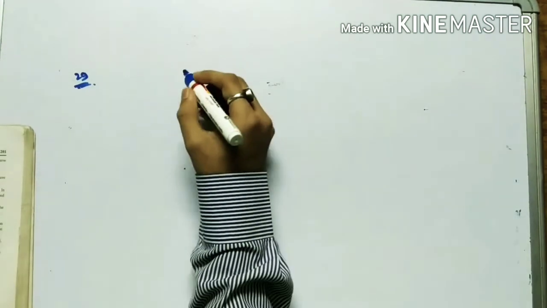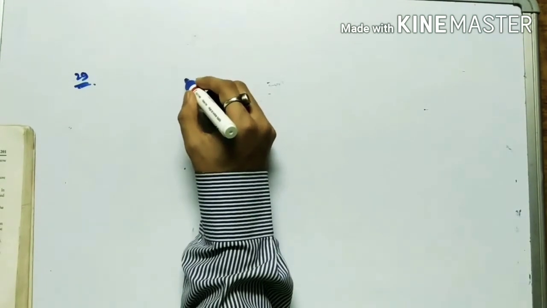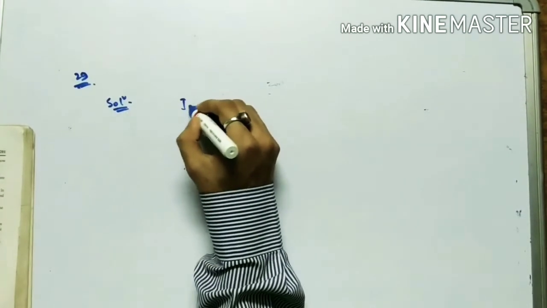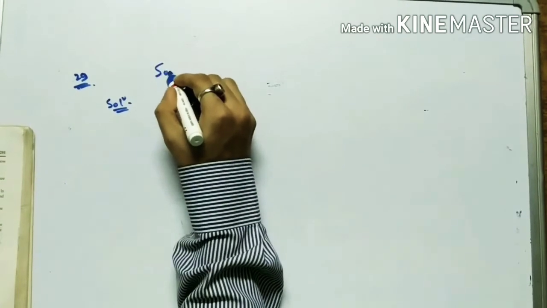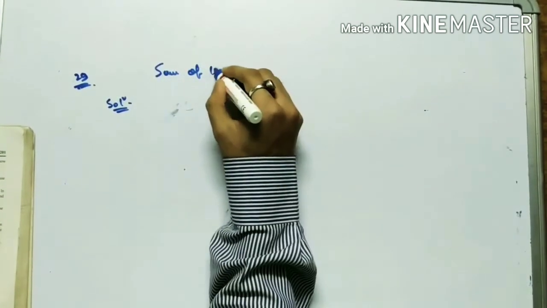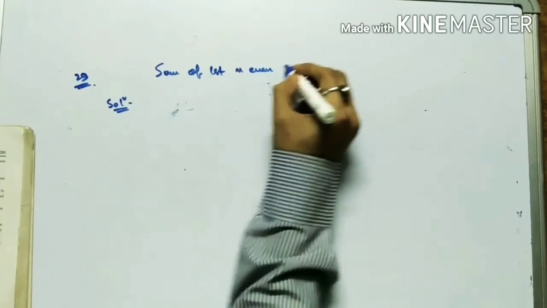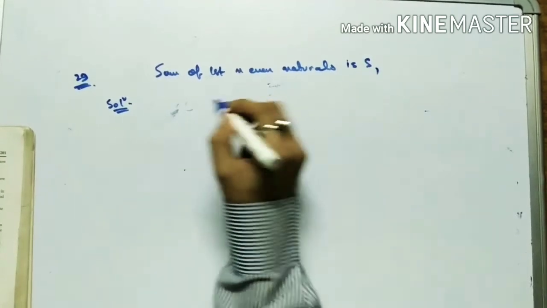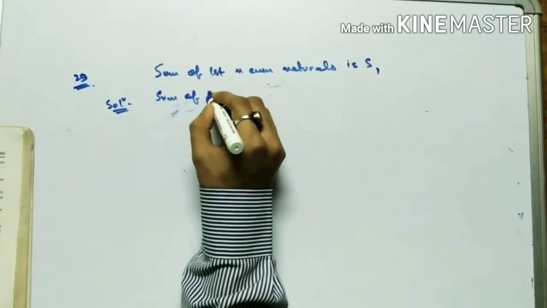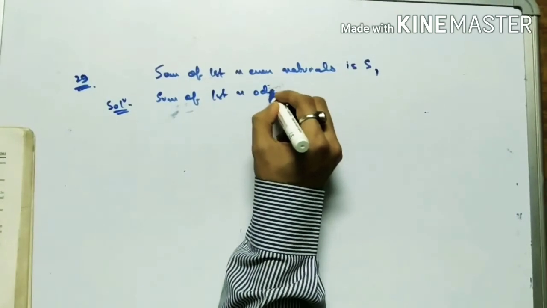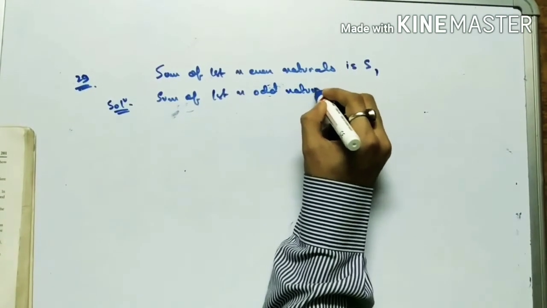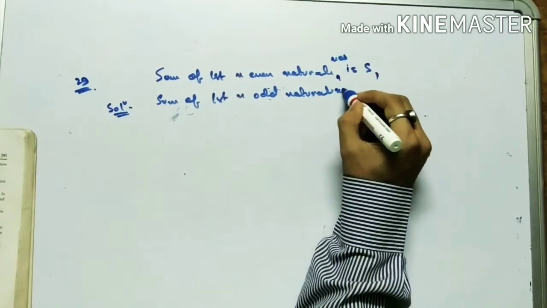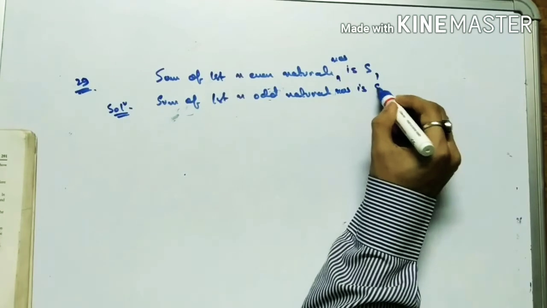So question number 21: the sum of first n even natural numbers is S1. Okay, the question is saying the sum of first n even natural numbers is S1, and the sum of first n odd natural numbers is S2.